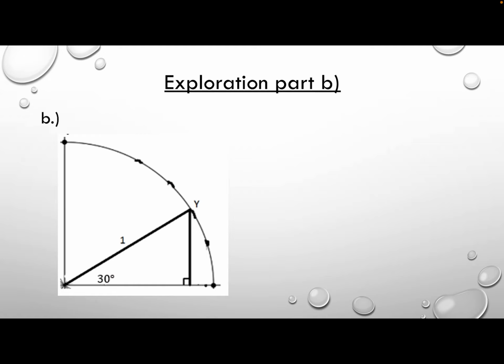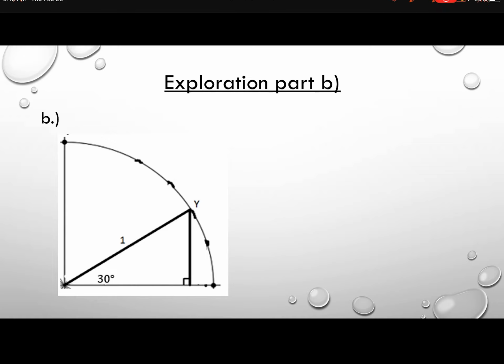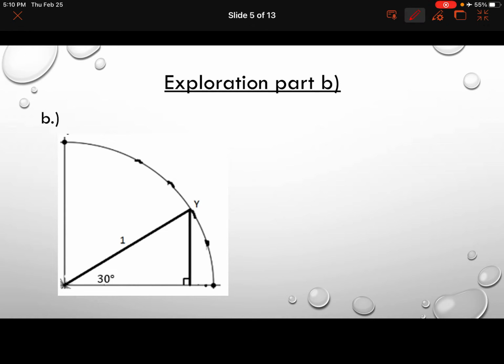For the second triangle, I'm just going to be figuring out the opposite side. So let's label it as A and B again, because I actually want you to solve for the adjacent side on your own.